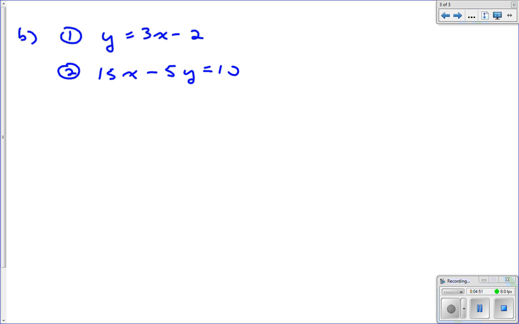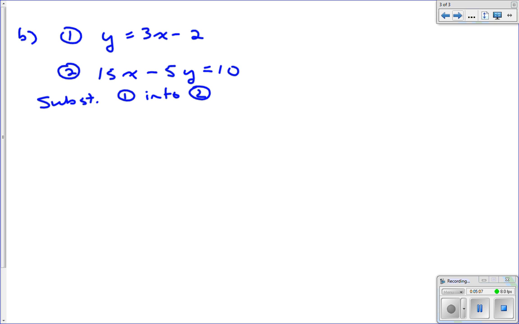I've got one here where my first equation is y equals 3x minus 2, and my second equation is 15x minus 5y equals 10. Since the first equation already has one of the variables isolated, the y, I'm going to use substitution, and I'm going to substitute 1 into 2.